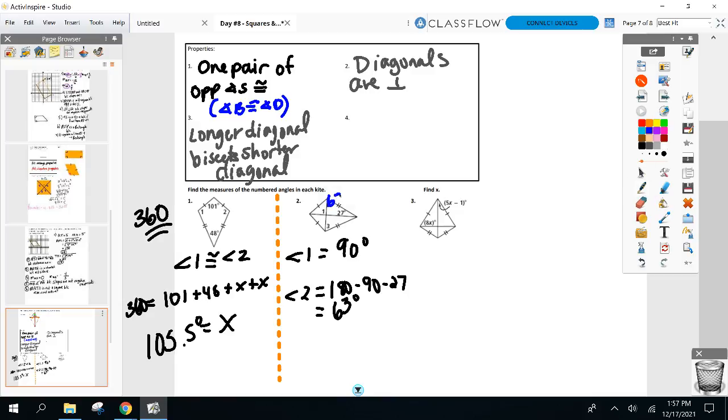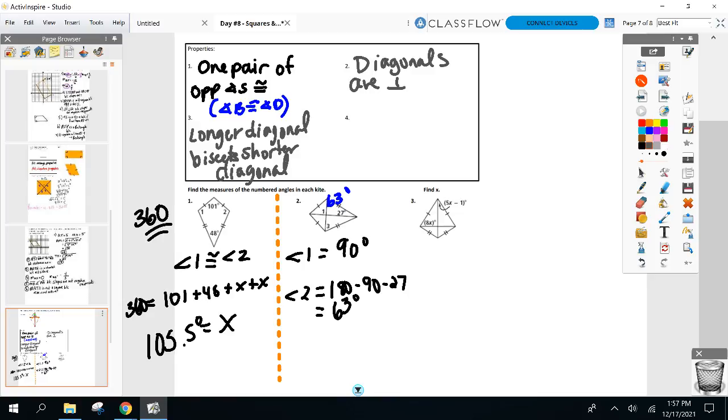All right, here is where I'm going to end class on angle 3. And this is what I probably would have written in if there was a fourth property. How do I get to angle 3? What's up, Charlotte? It's the same as angle 2, right? Why? The big angles are congruent, and then the diagonal, so it's the same.